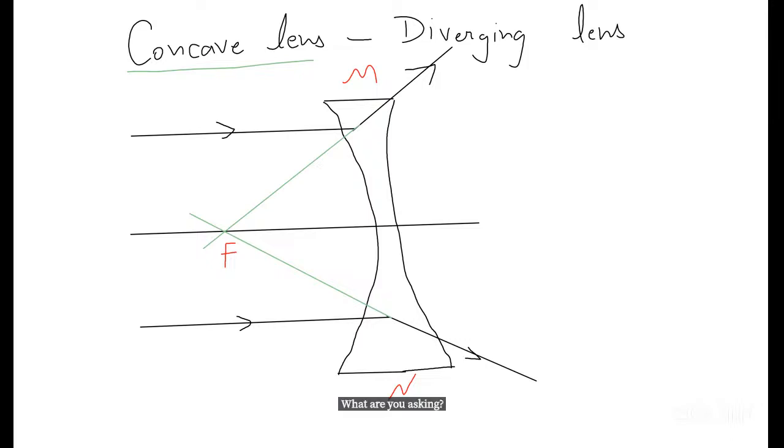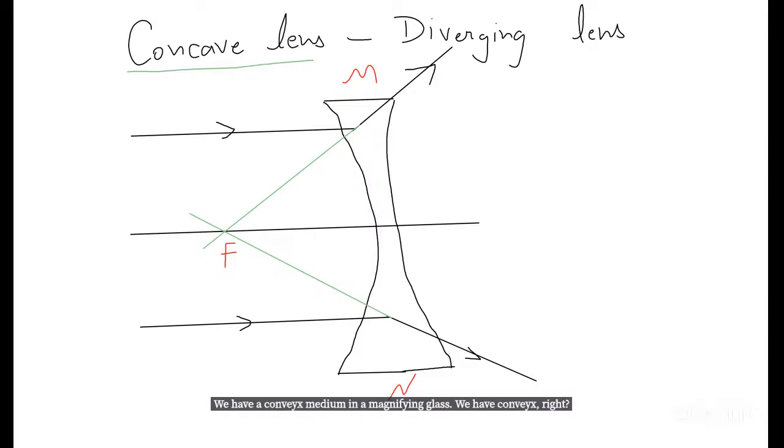Can you repeat the question? Ma'am, the magnifying glass lens, is it concave or convex? We have a convex, Abraham, in a magnifying glass.